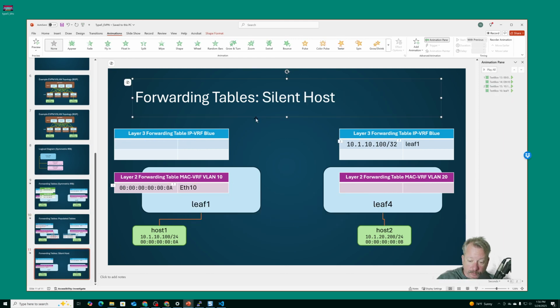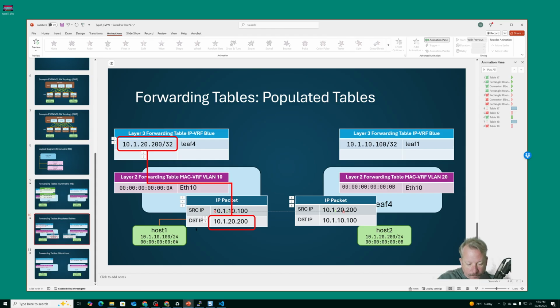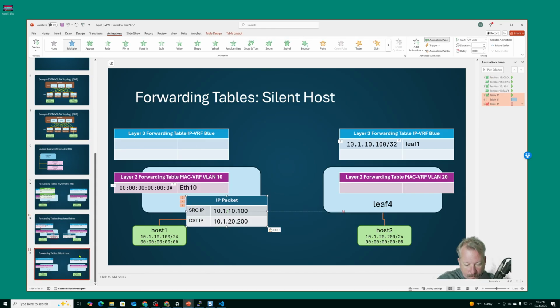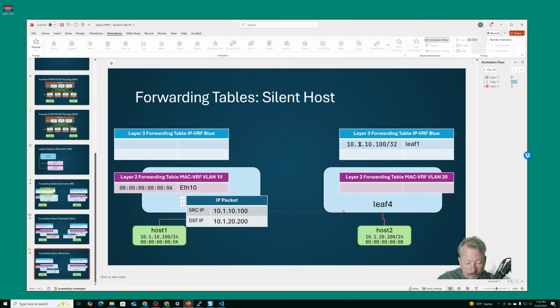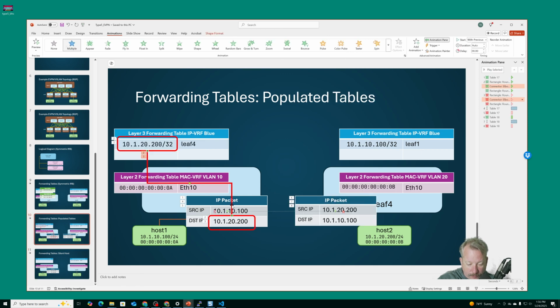Now we have the silent host. So here's the whole point about the type 5 routes: we have an IP packet. Get rid of all the other. Packet comes in. Where do we send it? We don't have a match. So I'm going to copy this.